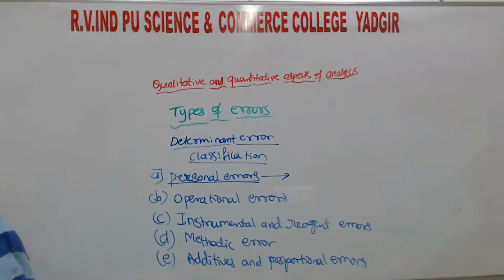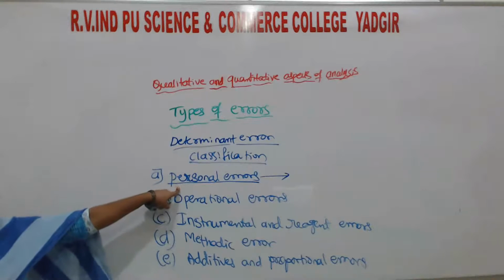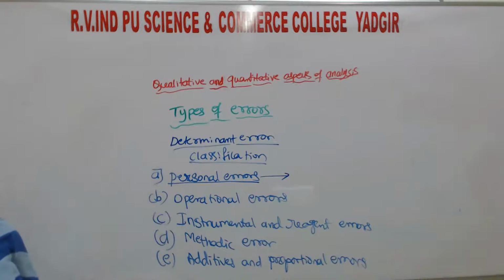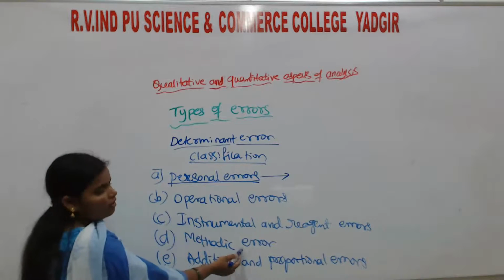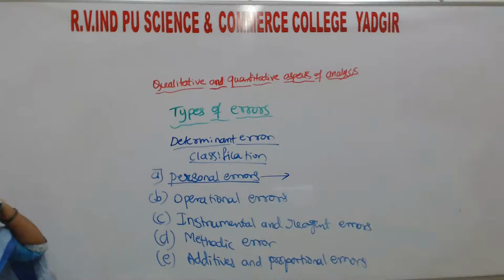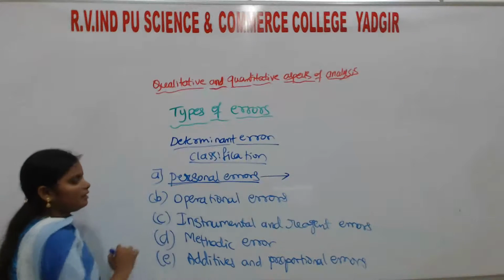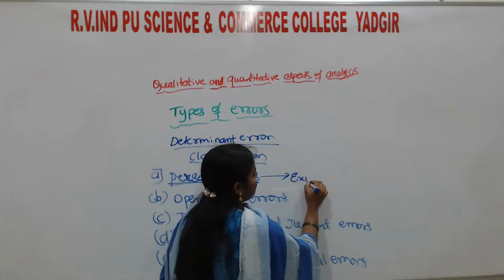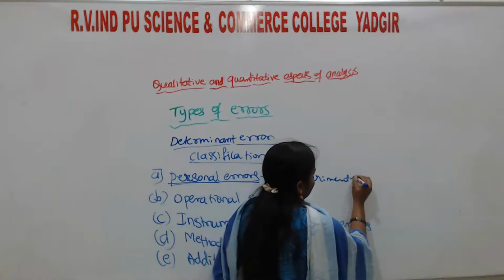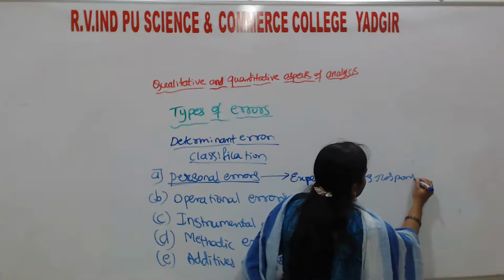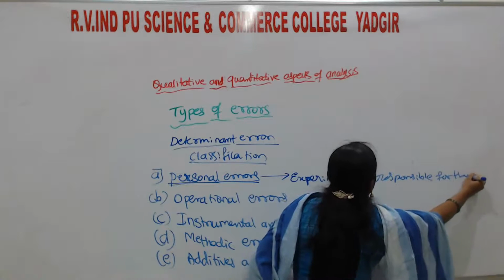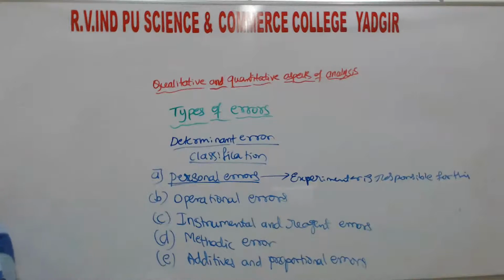Personal errors are due to factors for which the individual experimenter is responsible. They do not depend on the method or procedure.